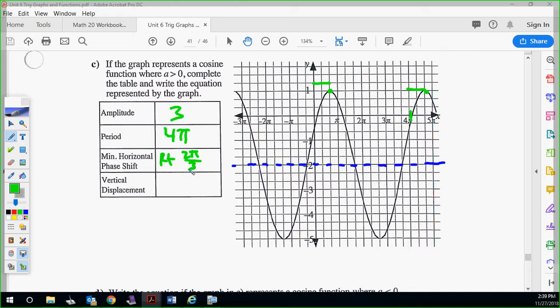And that's still down 2 for the vertical displacement. All right, so my equation is that.